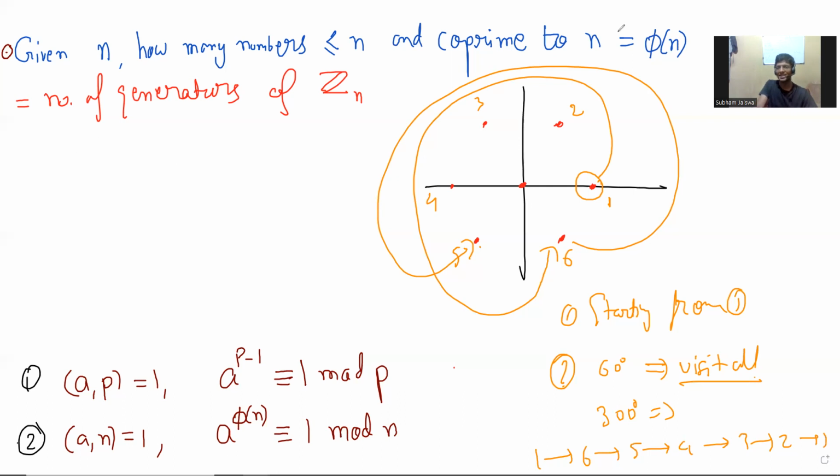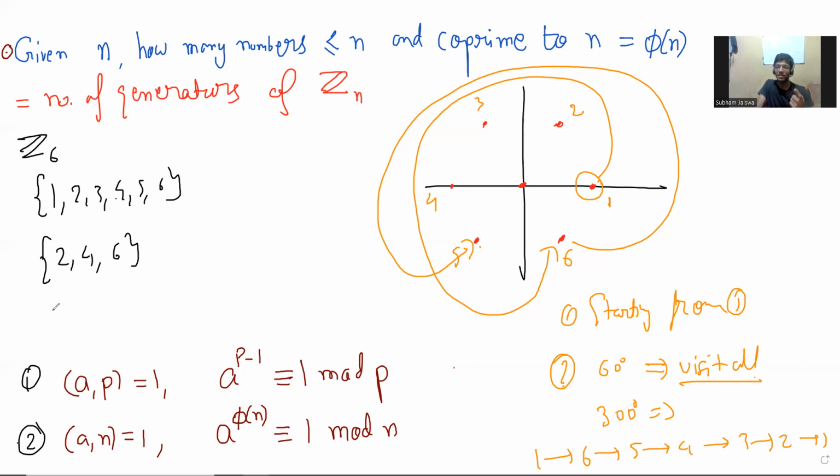Yeah, there is some, but there is something that you have to capture. So if you take Z6, then what are the generators? One is a generator, certainly, because with one you can get everything. But you start with 2, what do you get? You get 2, 4, 6.